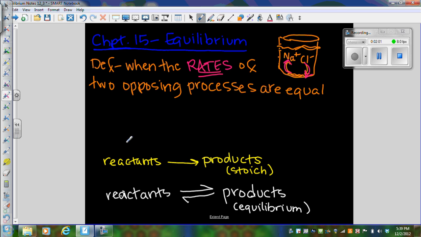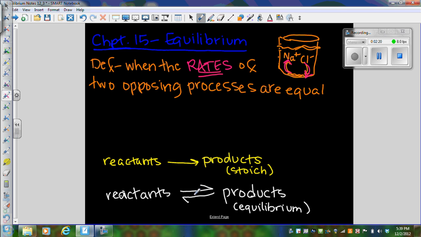Okay, so anyway, the way we want to look at this in terms of thinking about reactions is we have reactants and we have products. And you've seen one-way arrows, and then we've also shown you arrows which are pointing in both directions.